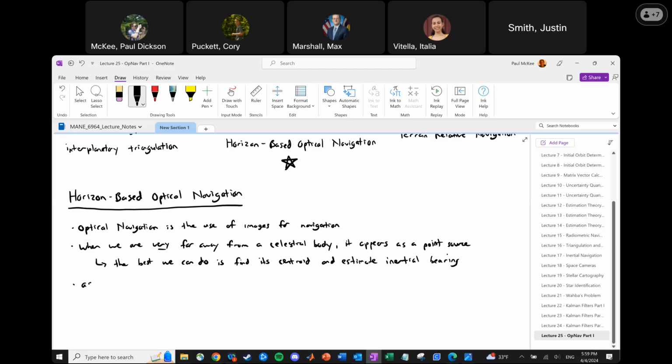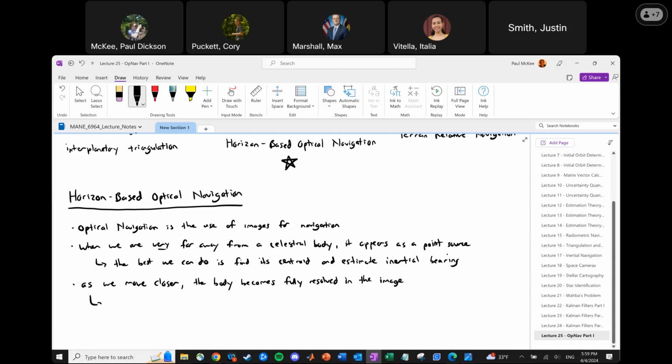As we move closer, the celestial body becomes fully resolved in the image. That is to say, it's not a pixelated mess. You can actually make out details.